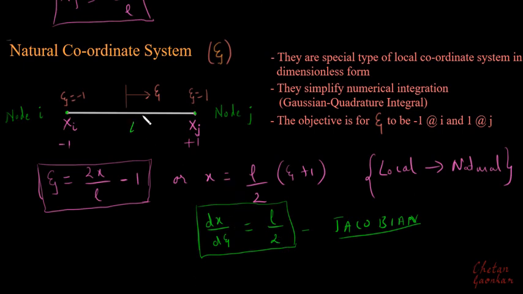For a linear 1D element, the Jacobian is equal to L by 2, half of the length of the element. We will see the importance of this at a later stage, but for the time being just remember that the derivative of x with respect to xi, that is the derivative of the local coordinate with respect to the natural coordinate, is called the Jacobian, and the use of this we will see later on.